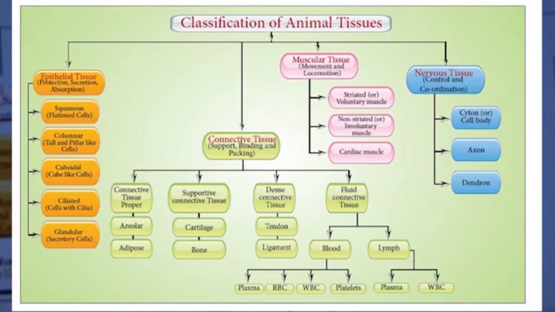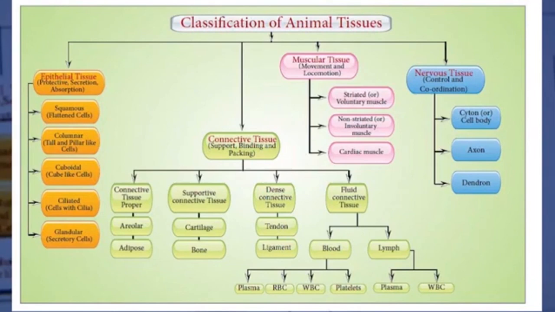I repeat, epithelial tissues are further classified into subdivisions: squamous epithelium, cuboidal epithelium, columnar epithelium, ciliated epithelium, and glandular epithelium. Right? Now, as the name suggests, their location and structure will be accordingly.